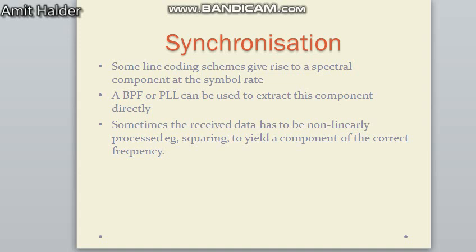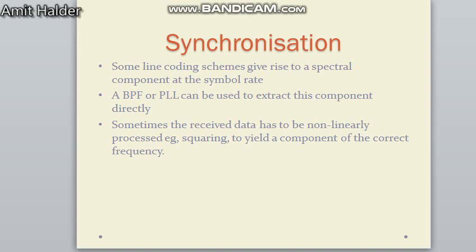So a BPF or PLL can be used. PLL means phase locked loop, and BPF means band pass filter. They can be used to extract this component directly. Sometimes the received data has to be non-linearly processed by squaring to yield a component of the correct frequency.